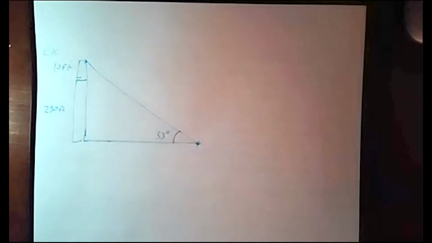So which trig function should we use to help us out? Sine. Yeah, I think sine would be good. So we're going to use sine of 33 degrees, and use the definition that that is equal to the opposite side over the hypotenuse.